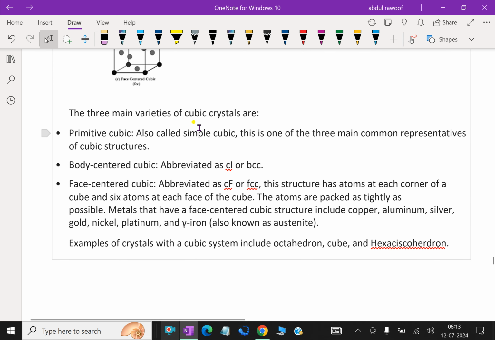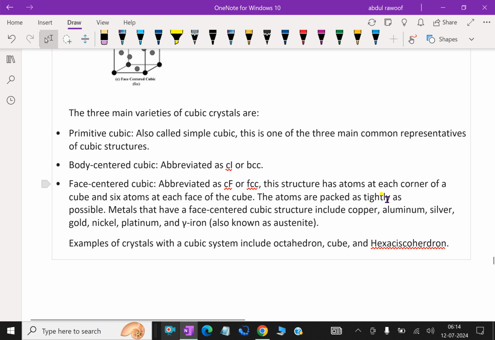3 main varieties of cubic crystals are primitive cubic, also called simple cubic. This is one of the 3 main common representatives of cubic structures. Second one, body-centered cubic, abbreviated as BCC. Next one, face-centered cubic, abbreviated as FCC.